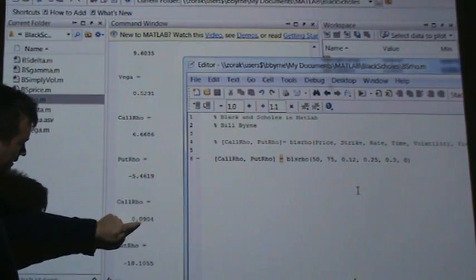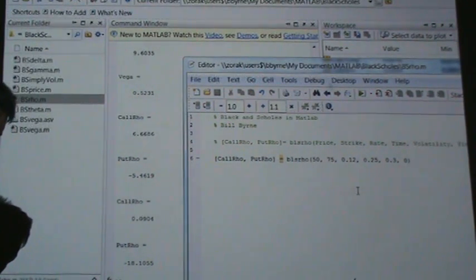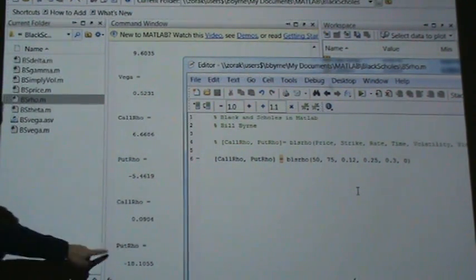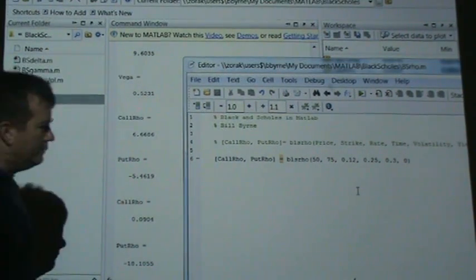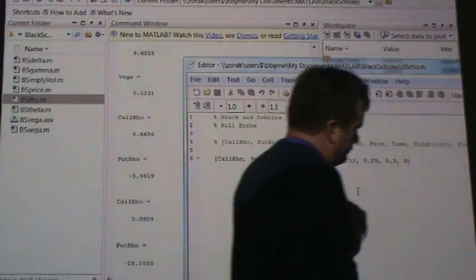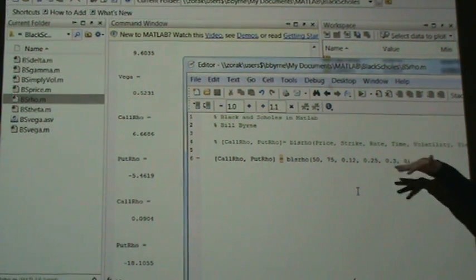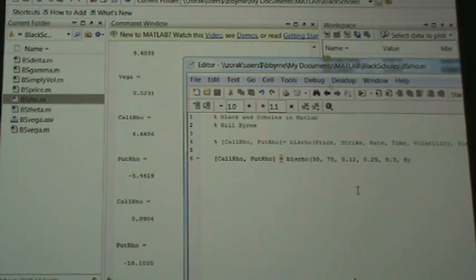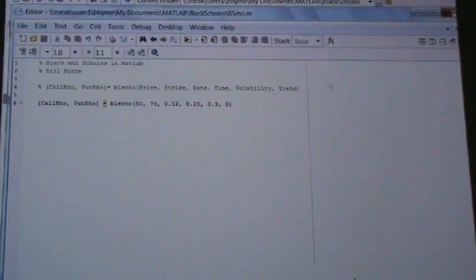So this dropped by a lot, but then the rho for the put went up dramatically. Now the put is $25 into the money, so any effect of the interest rate would really hurt the put person. An increase in interest rate is really going to cause a big loss, an 18 times loss to somebody having a put option.